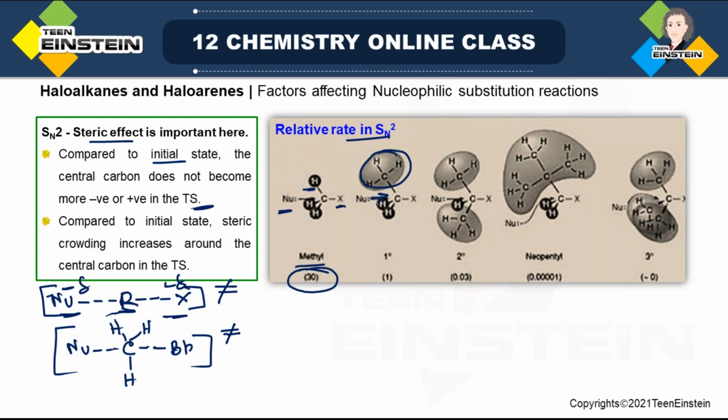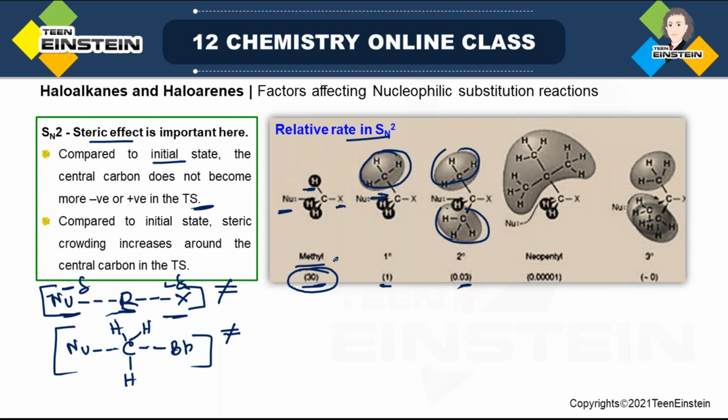The attack of the nucleophile will be comparatively difficult. That is why the rate decreases from 30 to 1. So just the addition of one methyl group drastically changes the rate. In the third case, another methyl group is attached. More sterically hindered, now the rate is 0.03, lesser than 1.